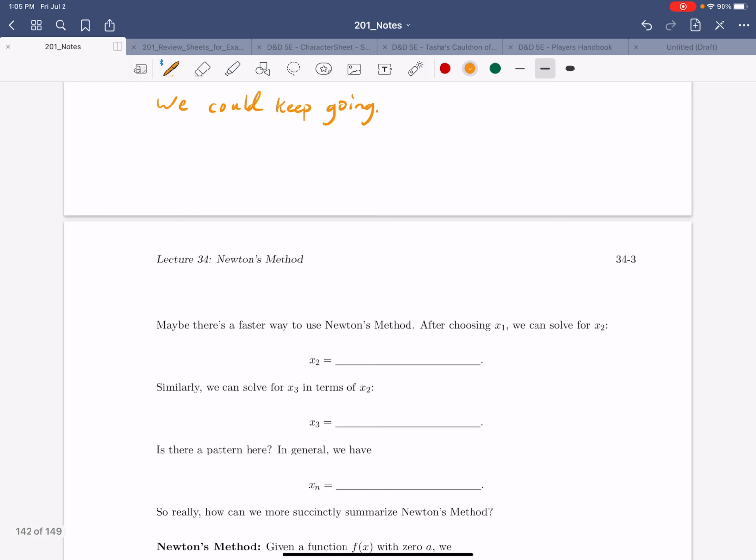So let's just be clear about what we're doing with Newton's method. Remember that x2 equals x1 minus f of x1 divided by f prime of x1. x3 equals x2 minus f of x2 over f prime of x2.